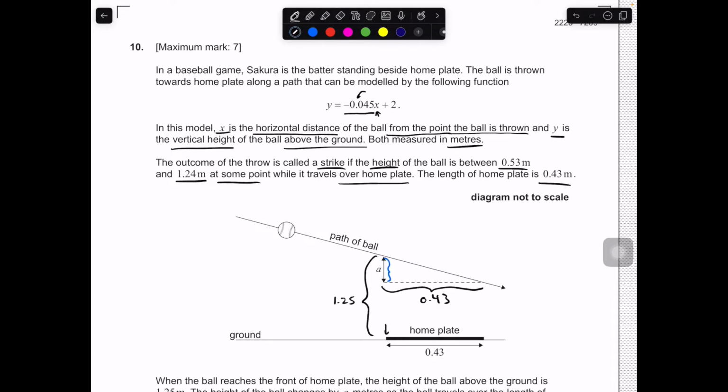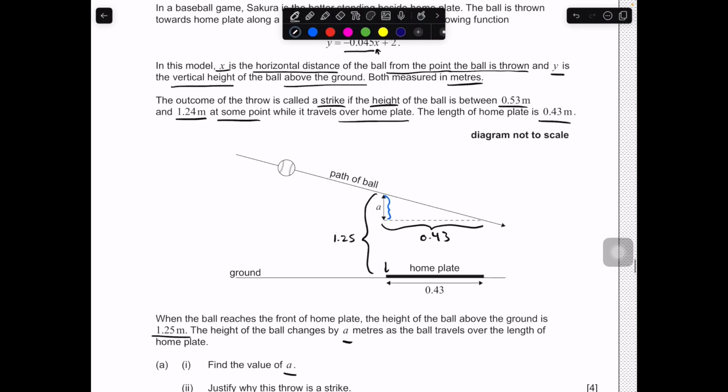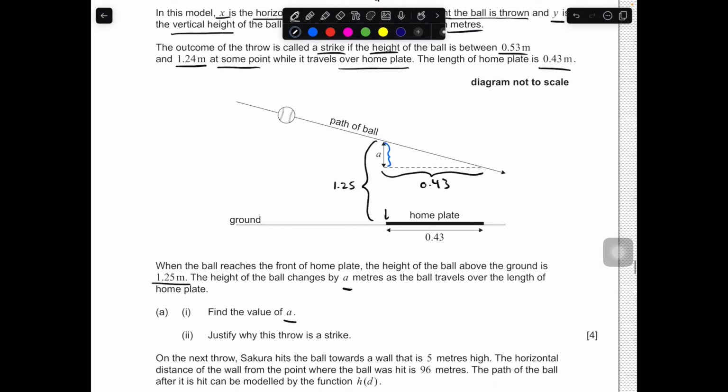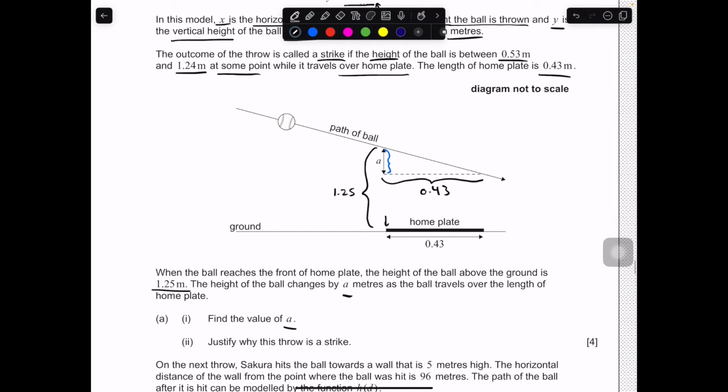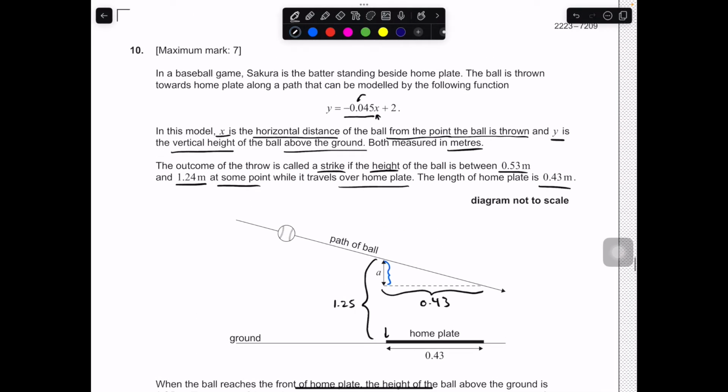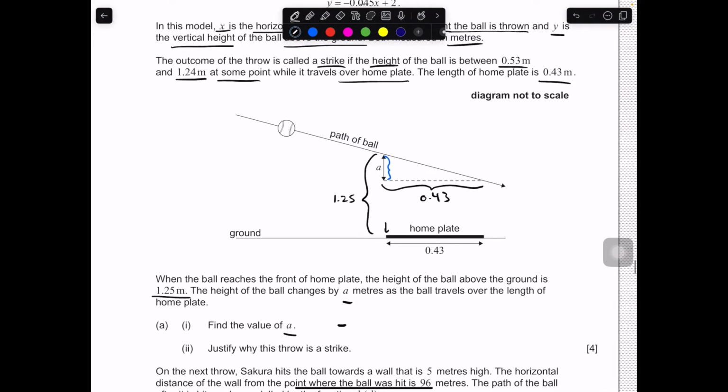This is our slope. It's our rate of change. In this case, it's negative. So find the value of A. What is the horizontal distance? So for this case, we have negative 0.045. Negative 0.045. This is the rate of change, the slope.